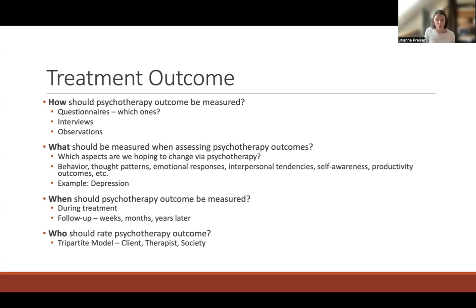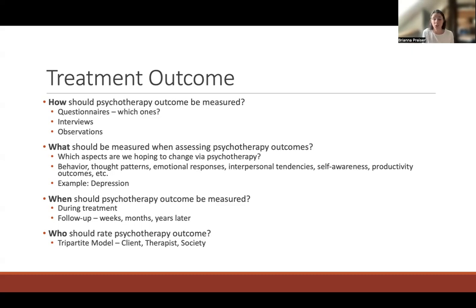For what should be measured when assessing the psychotherapy outcome, what we really want to consider is, what aspects of the client are we hoping to have change as a result of engaging in psychotherapy? And given the list of problems that a person could enter therapy with, or the different techniques or approaches that are available for therapists, the answer to this question can vary greatly.